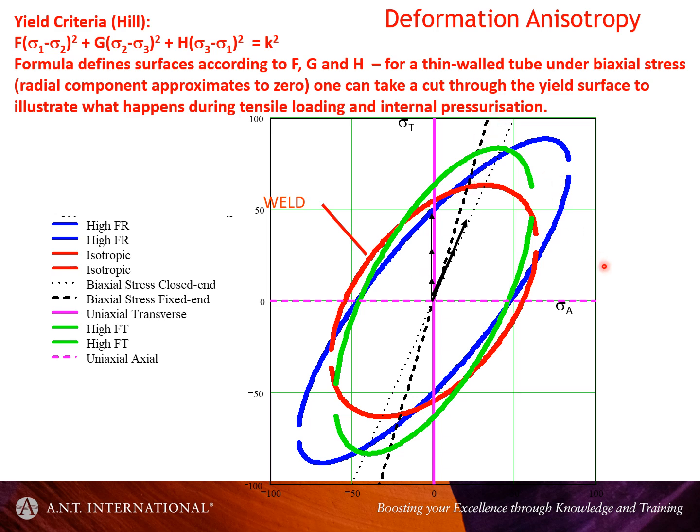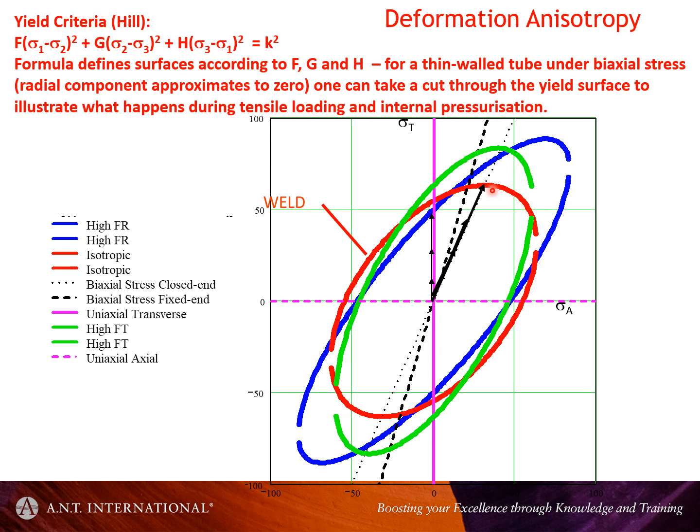We have a closed-end stress state, and we increase the pressure, and eventually where the stress locus, which corresponds to the internal pressurization stress, intersects some part of the material, you're sampling different parts of the material in stress space, it's the weld that yields first and therefore fails.